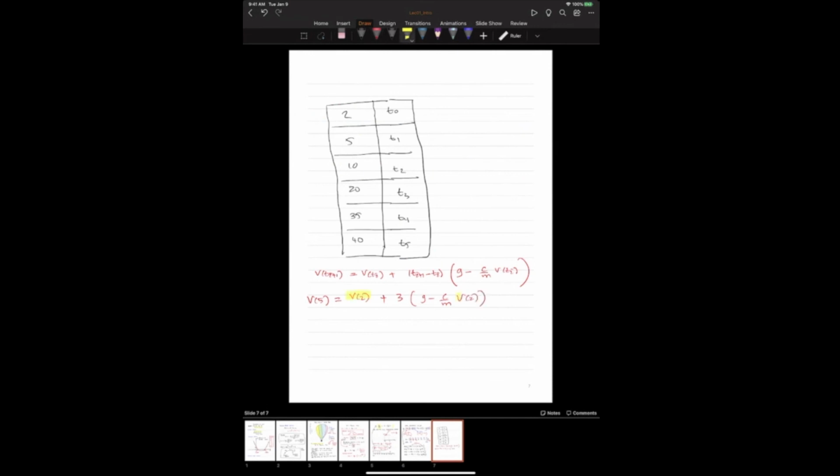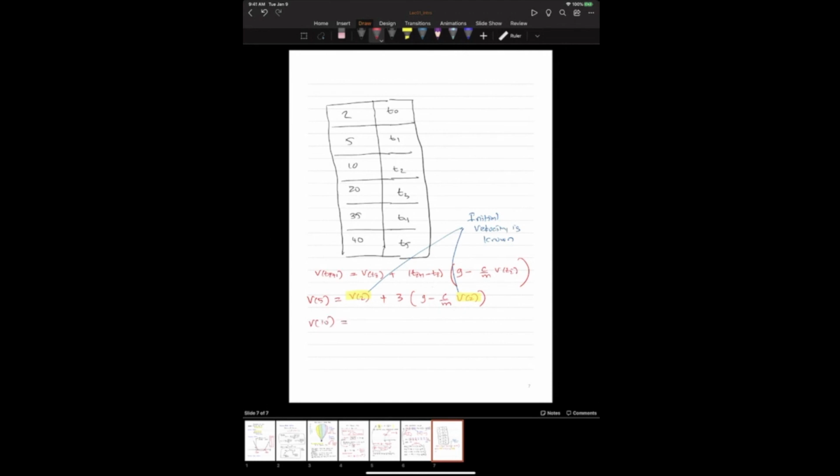V2 is the initial velocity. Our assumption is that we know the initial velocity, so I will just say the initial velocity is known, whatever that is. Usually we assume 0.